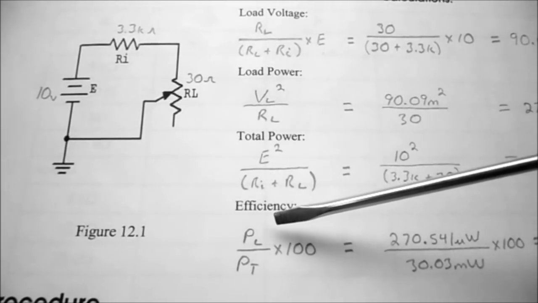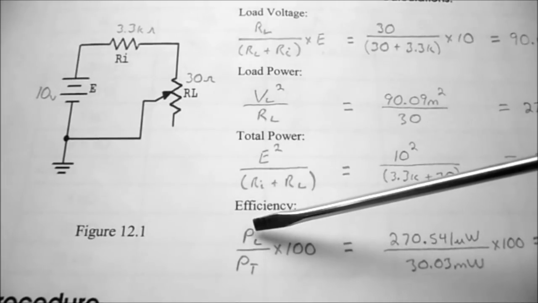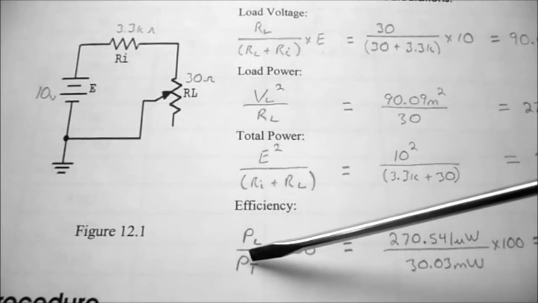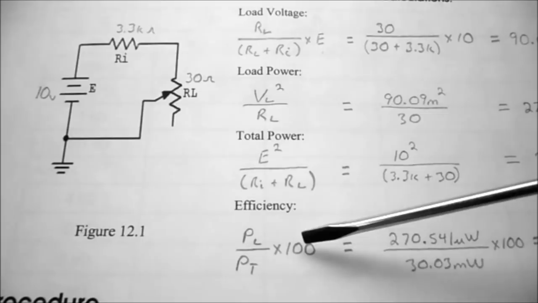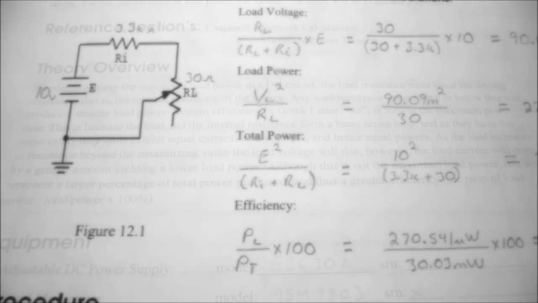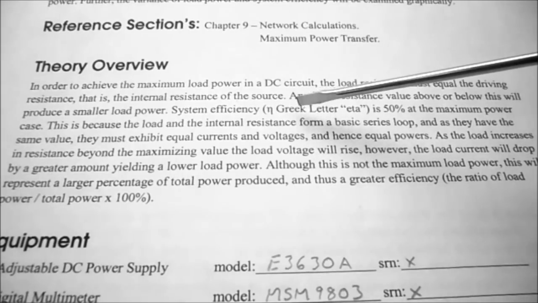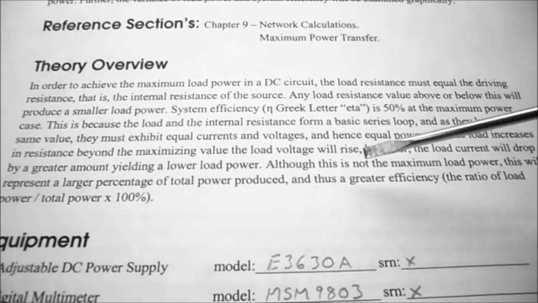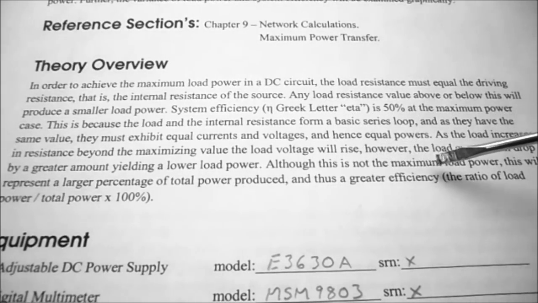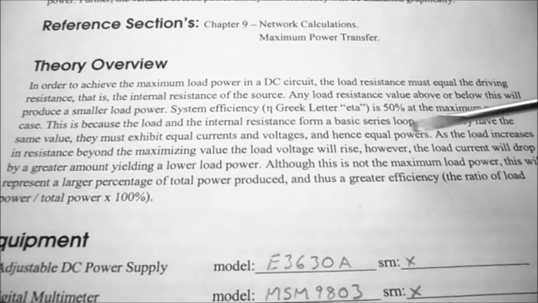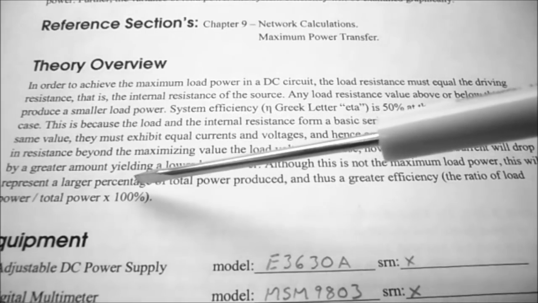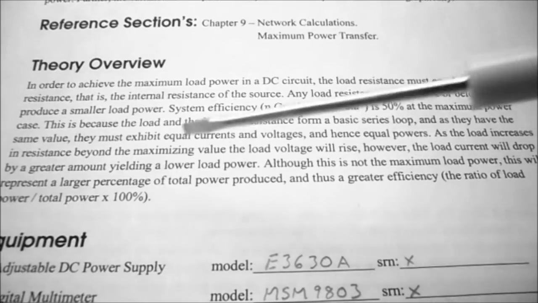And finally, our efficiency is power in the load divided by total power times 100%. The efficiency calculation came from the theory overview, where it says efficiency is equal to the ratio of load power divided by total power times 100%.